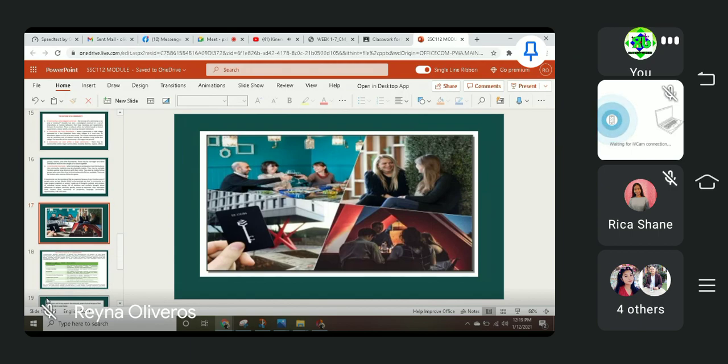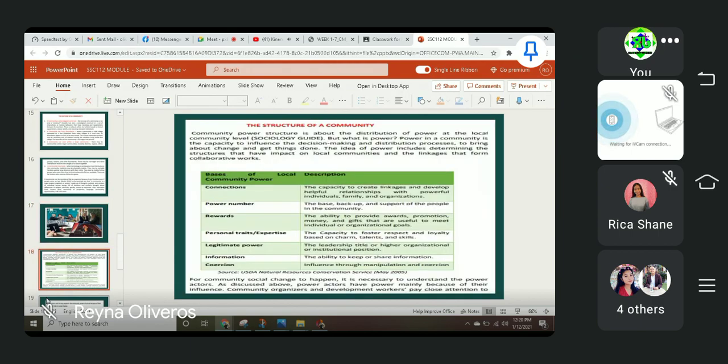Okay? So, these are the different structures of the community. Okay? So, the community power structure is about the distribution of power at a local community level. Ang tawag natin doon ay sociology guide. Okay? So, alamin natin yung iba't ibang structure ng community based on local description, or community power.